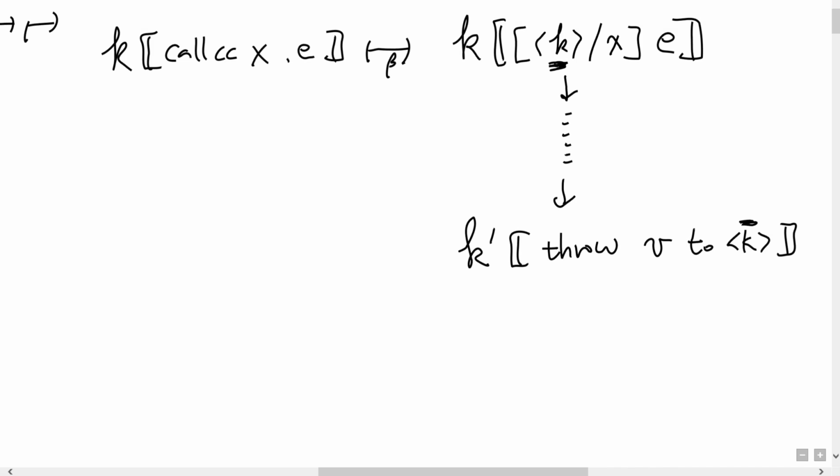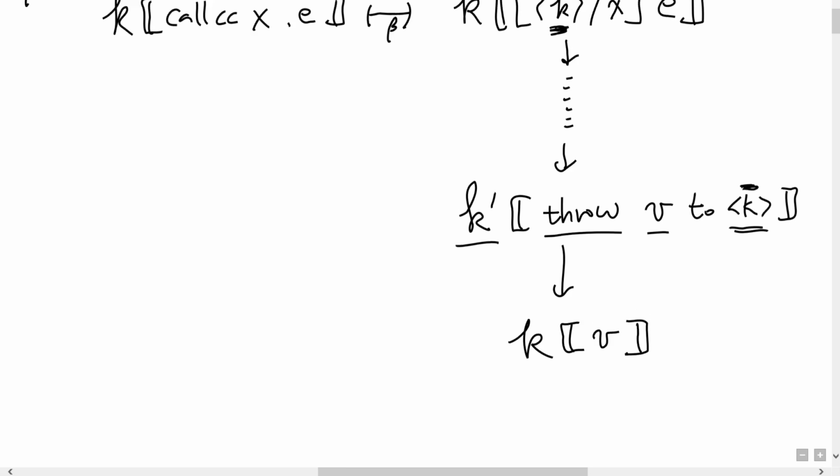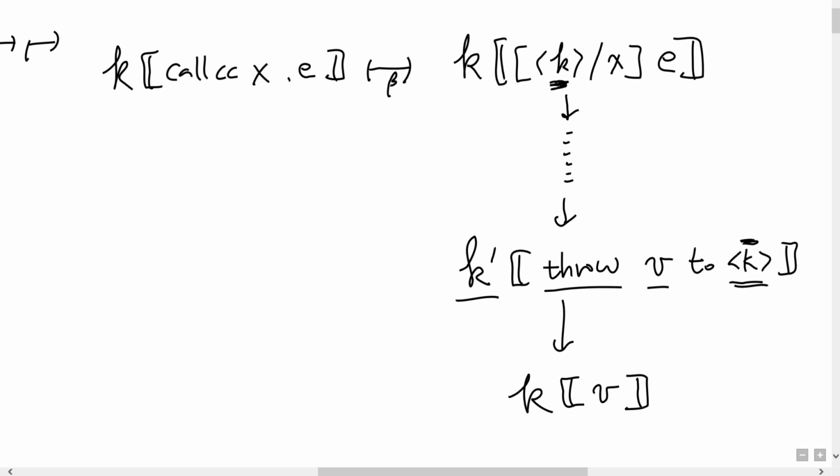So what happens here is we have different evaluation context kappa prime, but it doesn't matter because we are going to throw this value v to this evaluation context. So in the next step, we have kappa with value v. So effectively, we achieve a time travel. So when you encounter throw v to kappa, you go back in time and come back here.